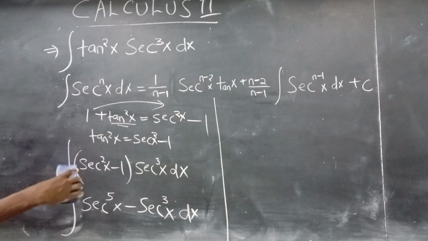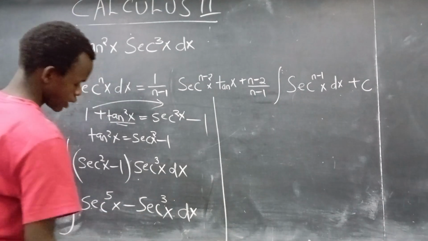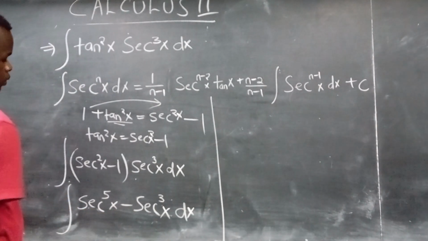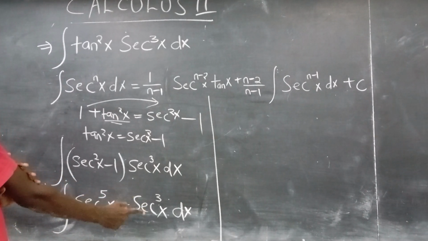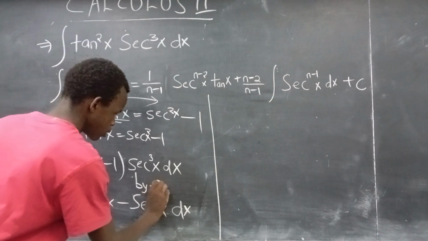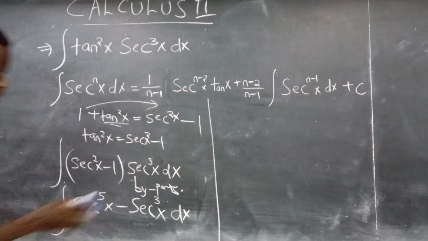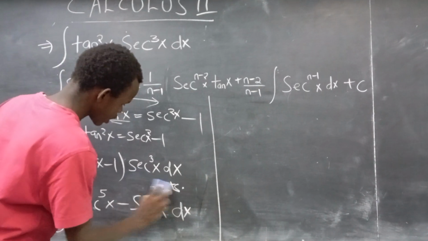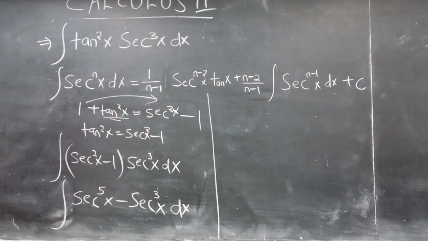I have a video on this alone, and the video is long. The method is long. But for easiness and simplicity, we can use again the reduction formula for secant to any power.